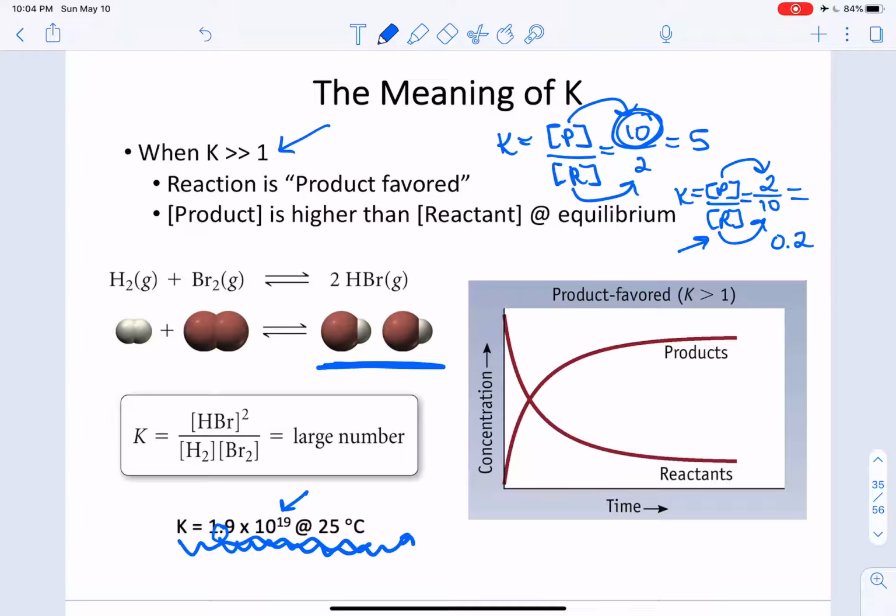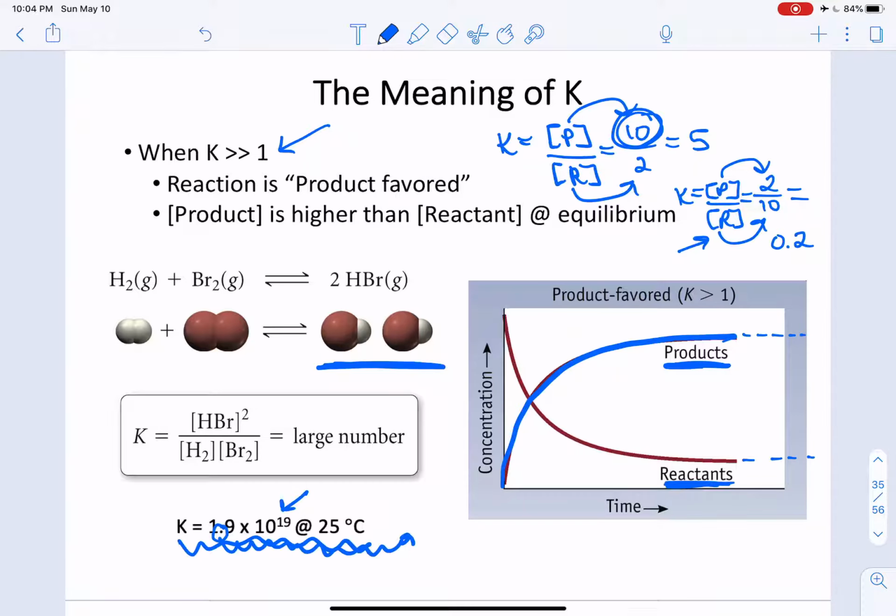And what does that look like graphically? Well, what we have is a concentration of our product at equilibrium that is way above the concentration of our reactant at equilibrium. So if we take a look at this graph, we can imagine that it keeps going like that at the equilibrium.